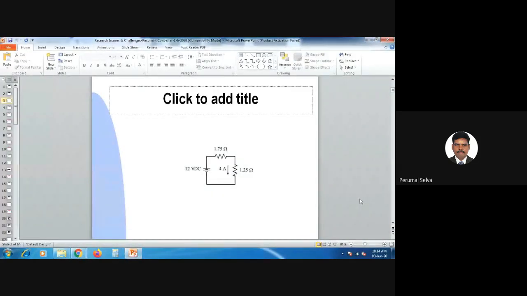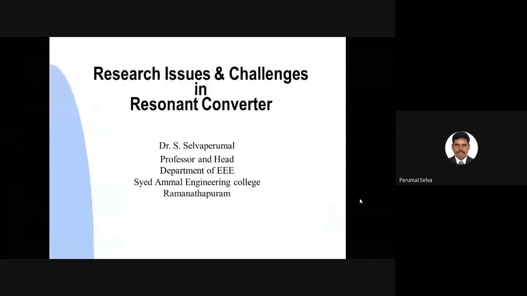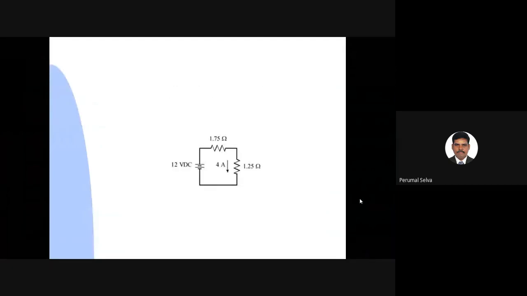So the 12 volt input supply varies plus or minus 2 volt. So whether 14 volt or 10 volt, if the source in the circuit drops to 10 volt, the output voltage would drop to 4.2 volt.